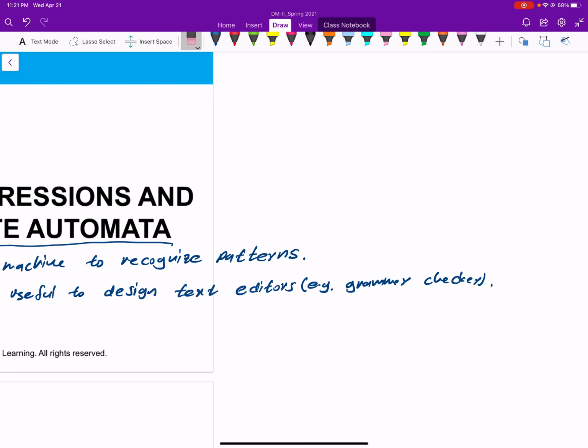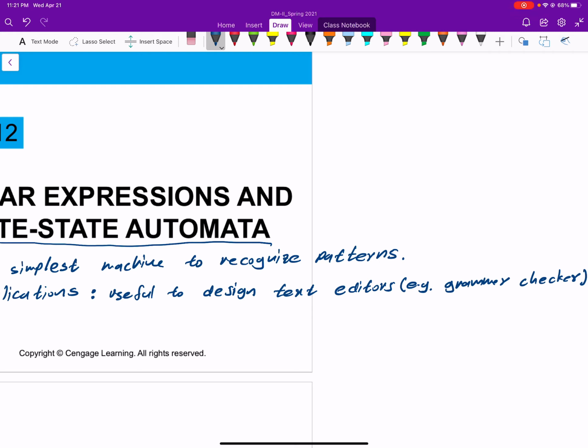Okay, let me rewrite this. Grammar checkers, sequential circuits, etc. Oh, give me a second.